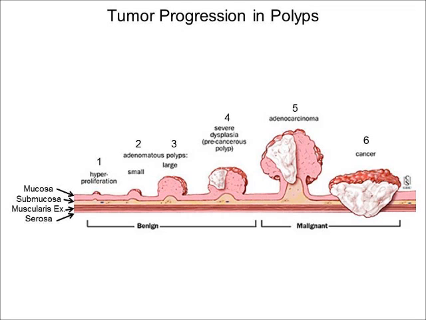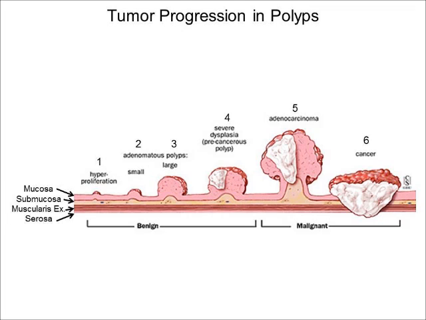Structure 4 is close to the borderline between benign and malignant. It contains a region of severe dysplasia shown in white here, but this is confined to the mucosa. It has not passed the muscularis mucosae. You might also think of this as being carcinoma in situ.